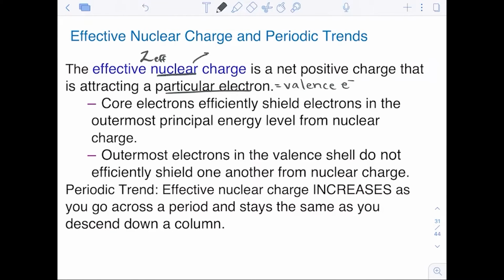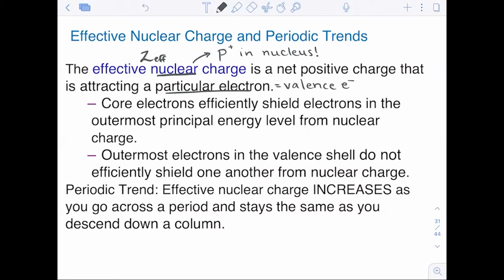Again, nuclear charge: there are protons in the nucleus, and those protons are attracted to electrons. Opposites attract. The valence electrons don't feel as much attraction to the protons because of the shielding from the core electrons.